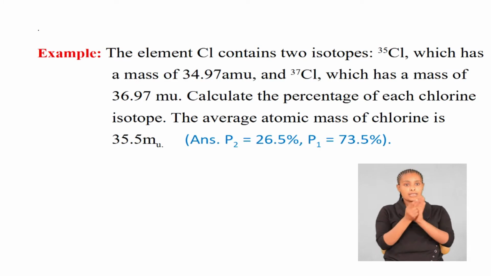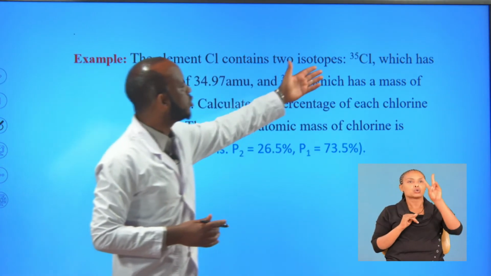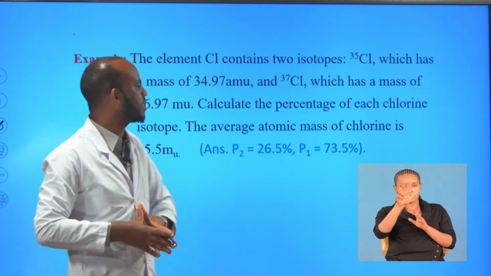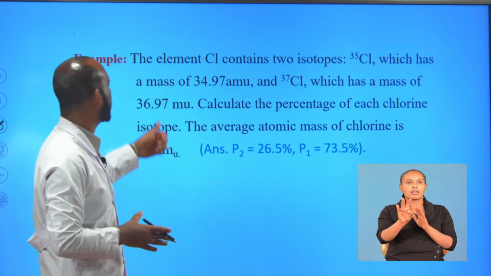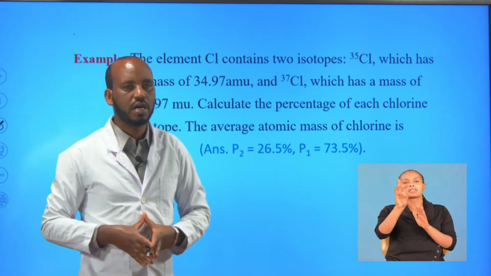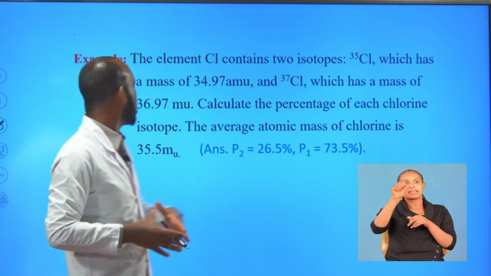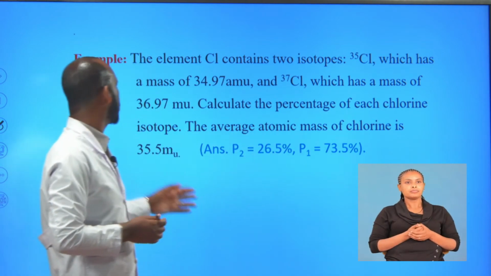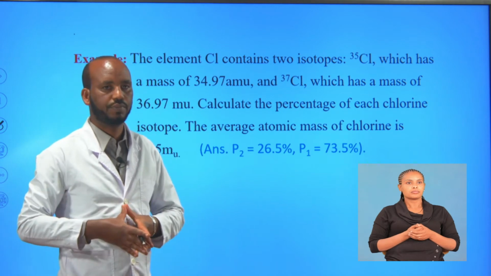For example, the element chlorine contains 2 isotopes: chlorine 35, which has a mass of 34.97 atomic mass units, and chlorine 37, which has a mass of 36.97 atomic mass units. Calculate the percentage of each chlorine isotope. The average atomic mass of chlorine is 35.5 atomic mass units.